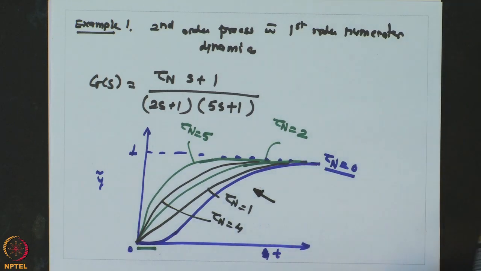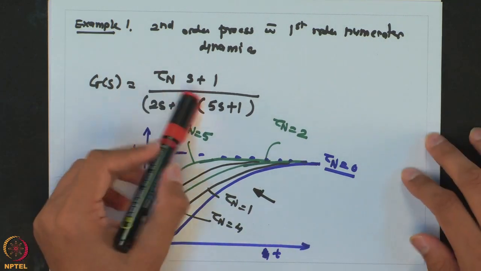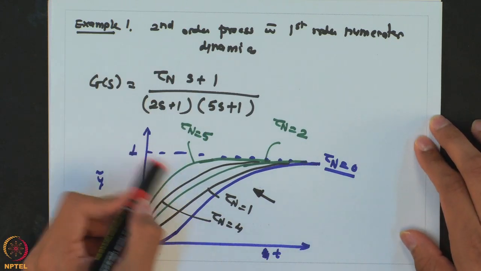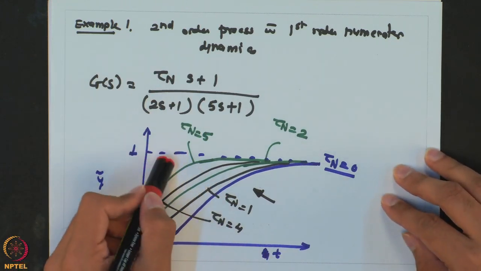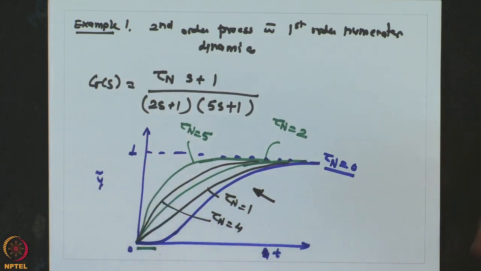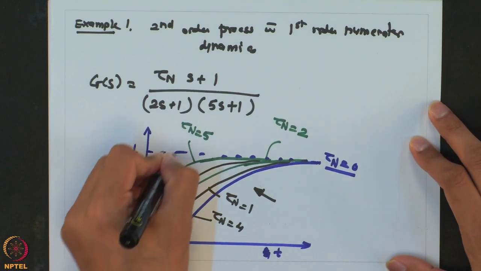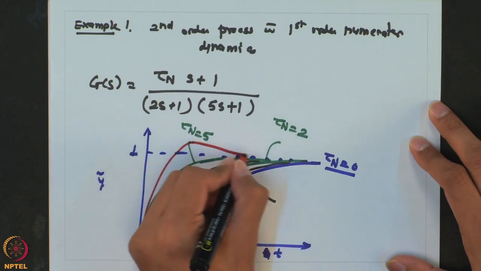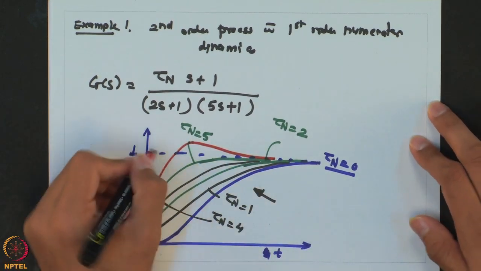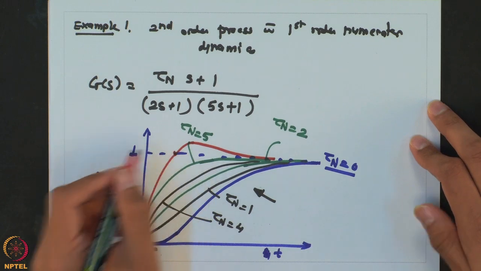So, what happens if I increase tau n beyond 5? It is going to push the response in this direction, and the response looks like this. So, you can see that the response is exceeding the ultimate value.